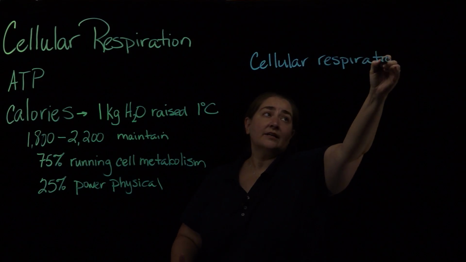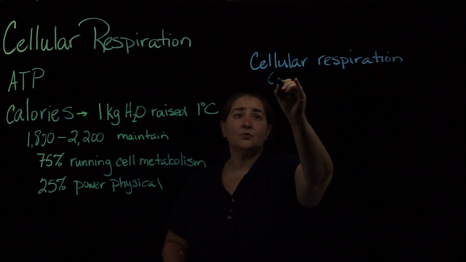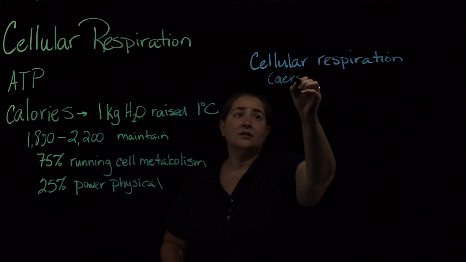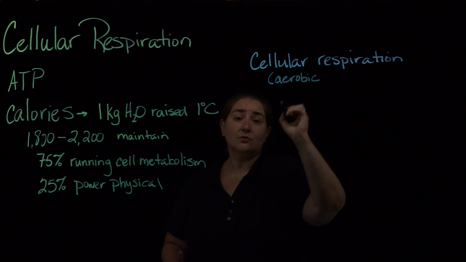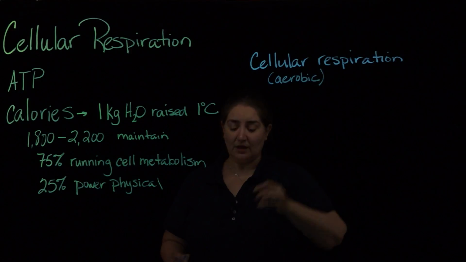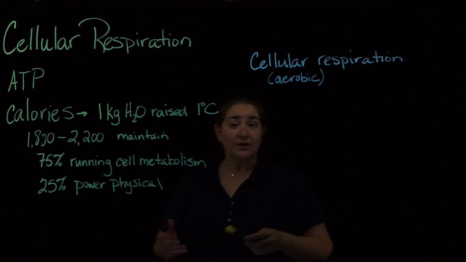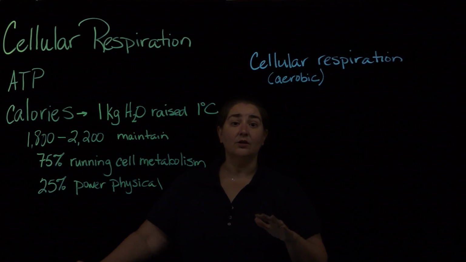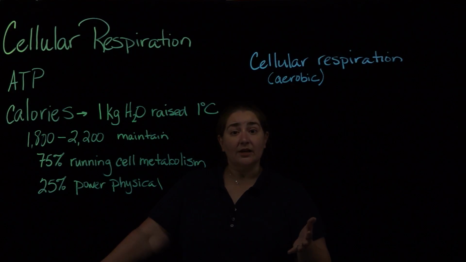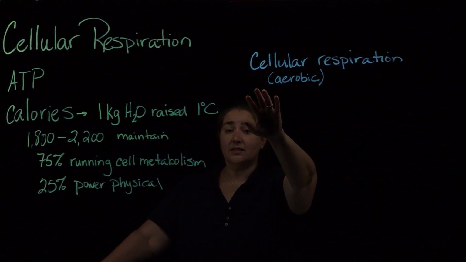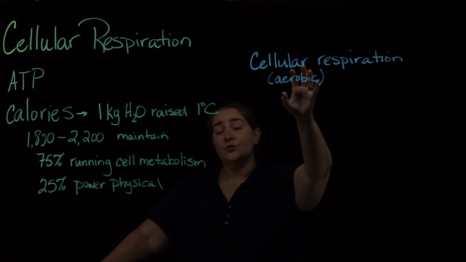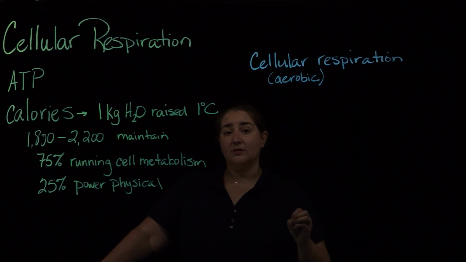And I should define here that the cellular respiration we're talking about is going to be aerobic. So we're going to need oxygen, all right? When you take microbiology, you're going to learn about anaerobic cellular respiration, because that can happen in various prokaryotic cells. But with eukaryotic cells, the bulk of what we're doing is aerobic cellular respiration.